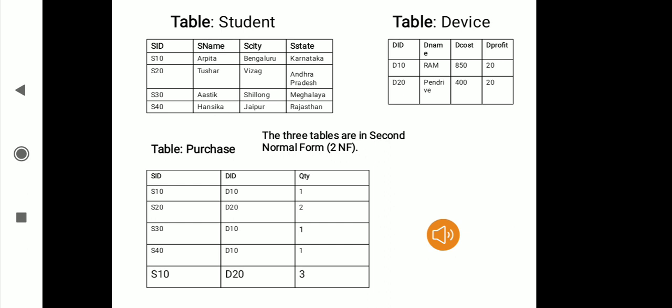Therefore, the quantity of device purchased by a particular student, denoted by the column QTY, can be determined only by the composite primary key, SID and DID taken together, through full functional dependency, and not by the partial attributes SID or DID taken alone through partial dependency. Therefore, these tables, after getting split from the original table student device, fall in second normal form.